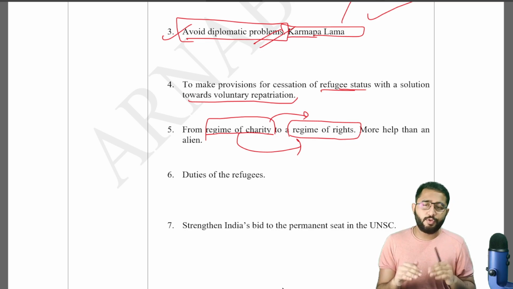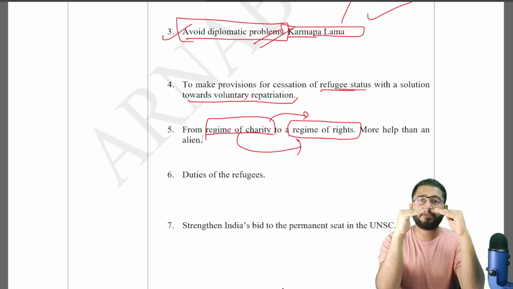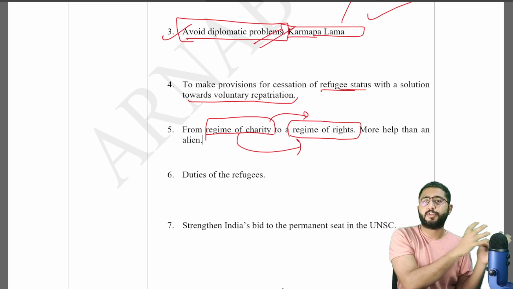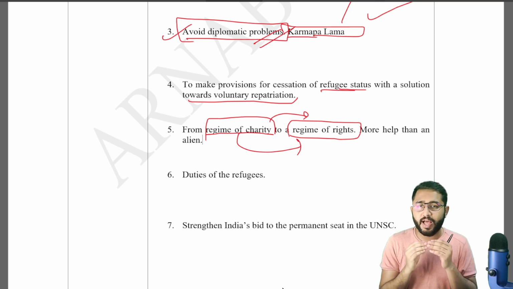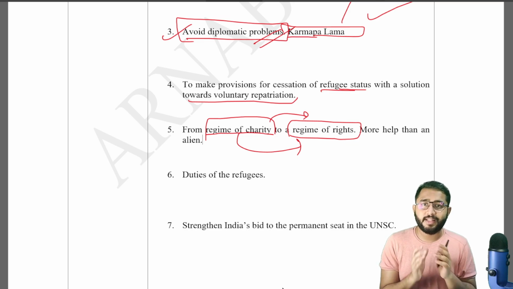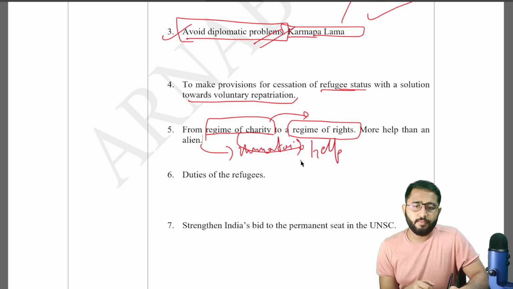Even though the constitution put them on par, the bar of the refugees might be a lot lower when it comes to their own economic abilities, their own mental stabilities, and their own trauma that they have faced because of prosecution. And because of that, if you have a domestic law, a regime that provides rights, all these rights being provided to a refugee will ensure that a lot more is done for their humanitarian help. Right?